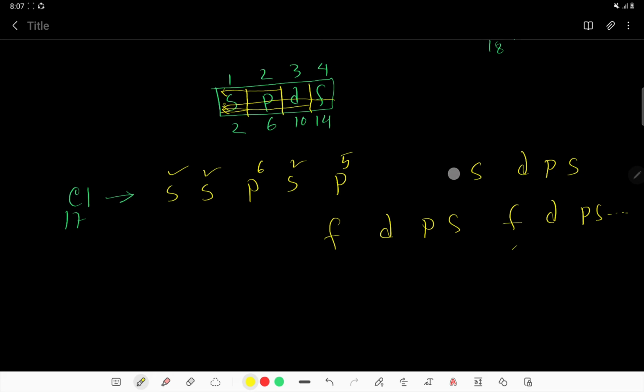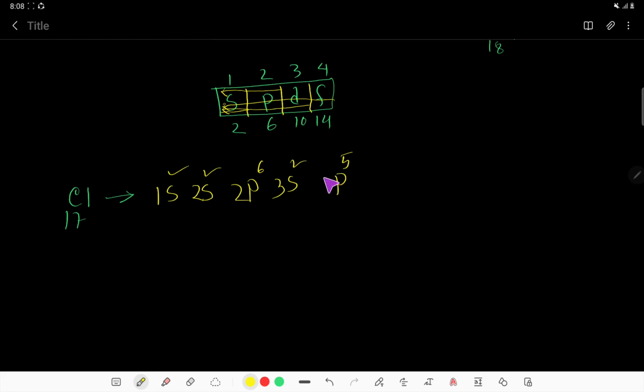So we don't need the remaining subshells. Now look, S starts from 1s, then the second S must be 2s, then 3s, and P starts from 2p, then this will be 3p. There is no D. So this is the electron configuration of chlorine.